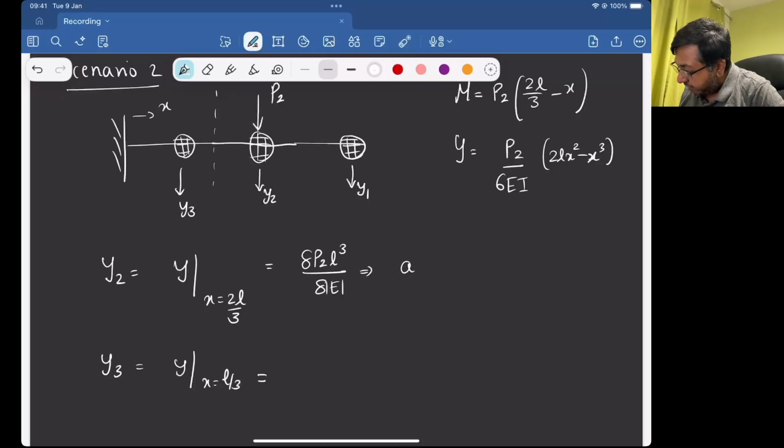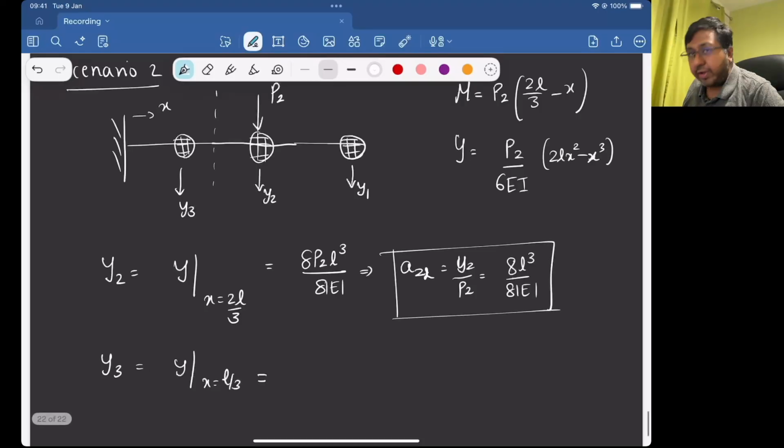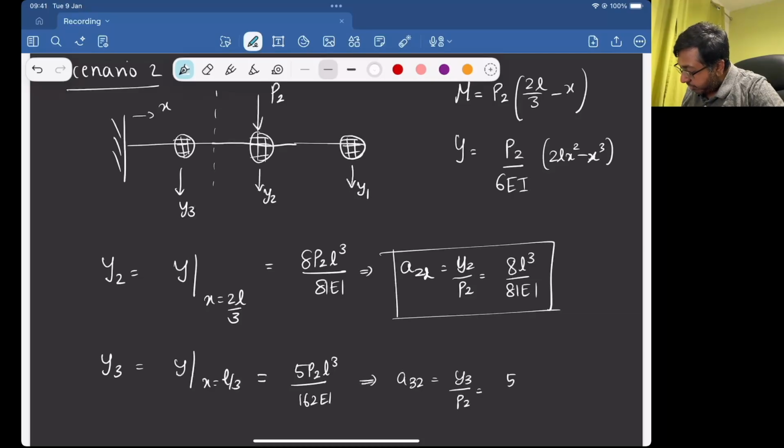That means my flexibility coefficient A22 is y2 divided by P2, which is 8L cubed over 81 EI. Similarly, substituting L/3, I get 5 P2 L cubed over 162 EI, so my flexibility coefficient A32 is y3 over P2, which is 5L cubed over 162 EI.